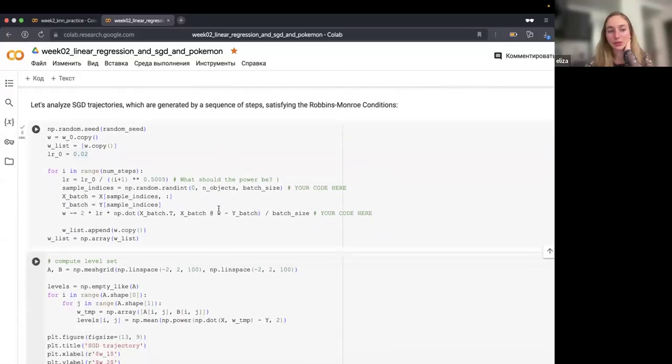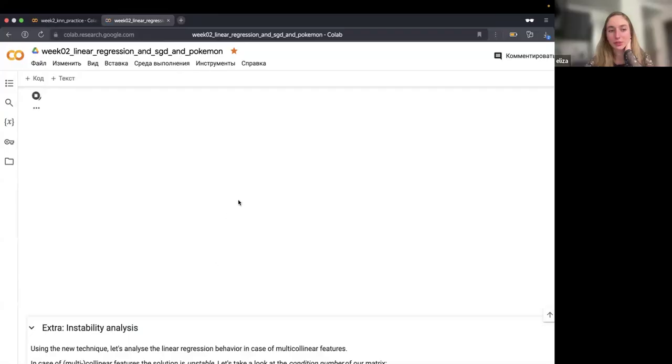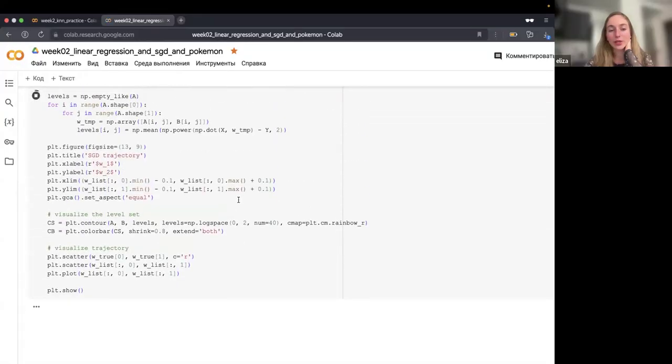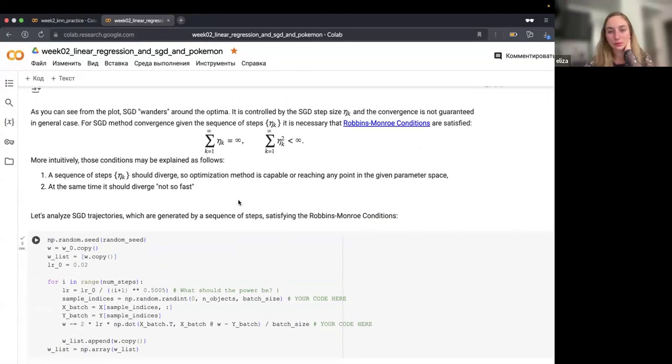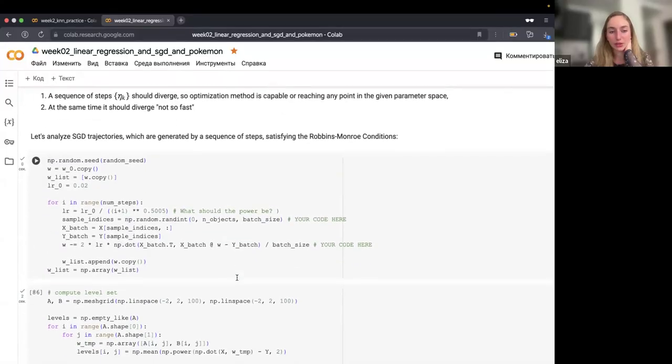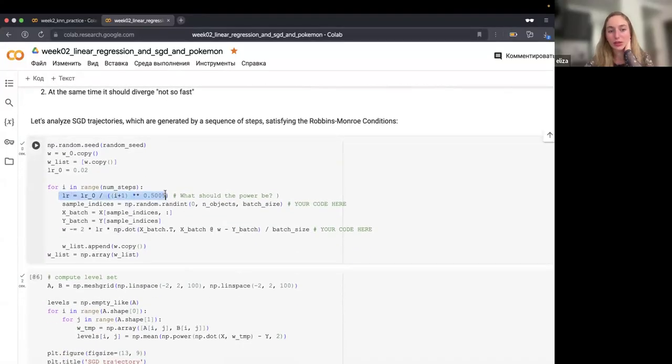Let's build the stochastic gradient method. Where is our Robbins-Monro condition? It is this, and you can check that this sequence converges, but I don't like these things, and I leave it for you.